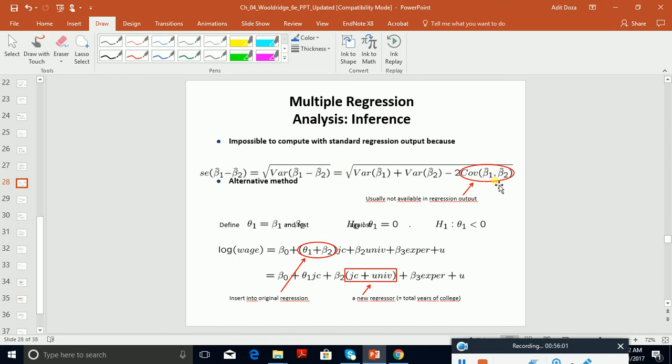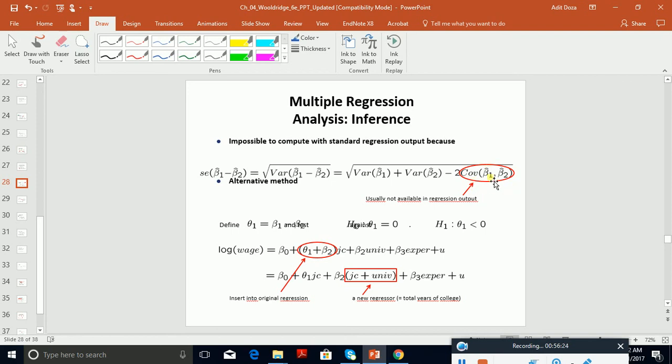In a regression output we don't have the covariance. The standard error of beta 1 hat minus beta 2 hat is the square root of the variance of beta 1 hat minus beta 2 hat, right? So when you break it down, it should be the variance of beta 1 plus the variance of beta 2 minus 2 times the covariance of beta 1 and beta 2.